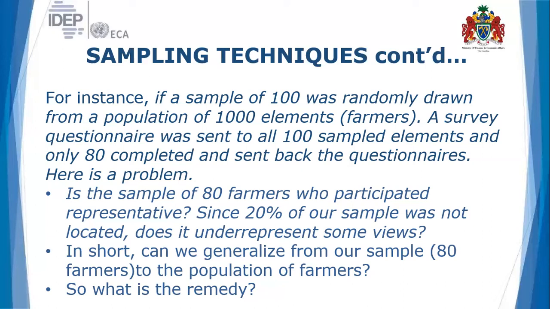In short, can we generalize from the findings of 80 farmers to the entire population of farmers? The representative sample in this case was 100, but only 80 have been collected.